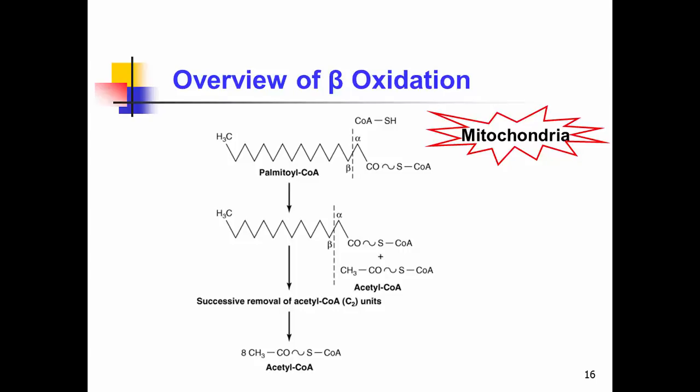So 8 acetyl-CoA will be generated. And how many cycles do we need to completely break down the palmitate molecule? 7, right? So 7 cycles to break down all the 16 carbon fatty acid to 8 molecules of acetyl-CoA. Again, this process occurs in the mitochondria.